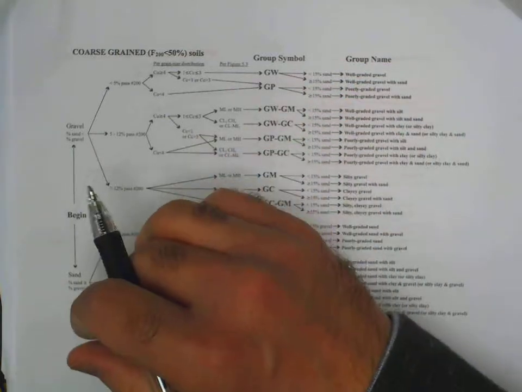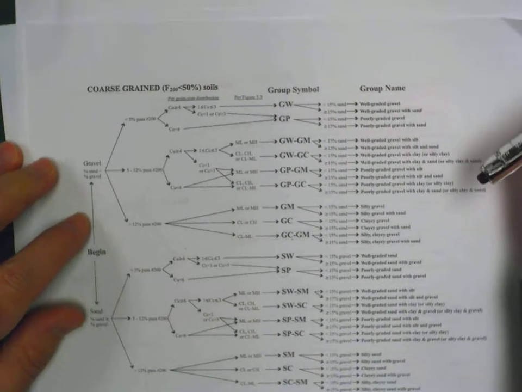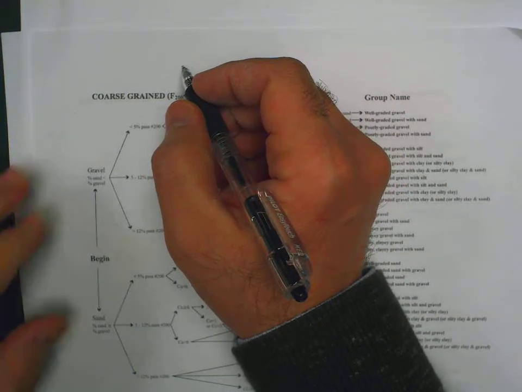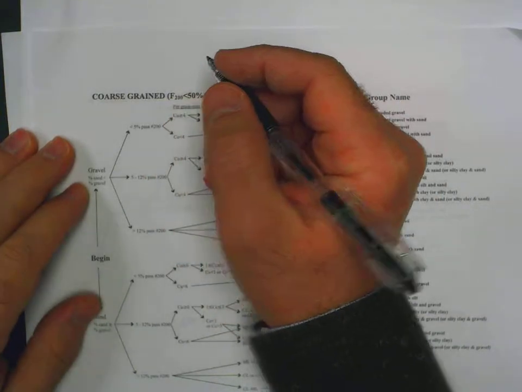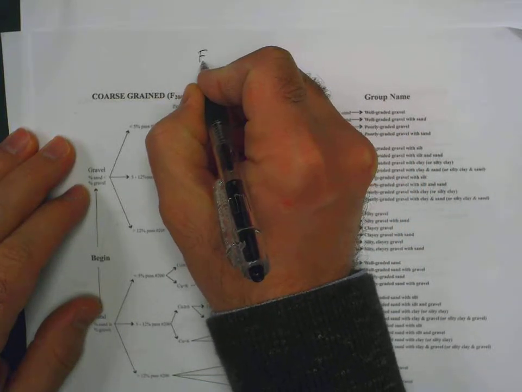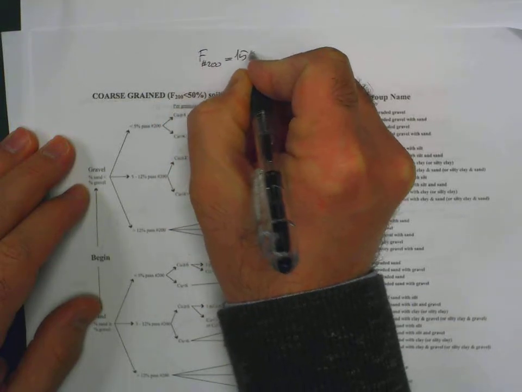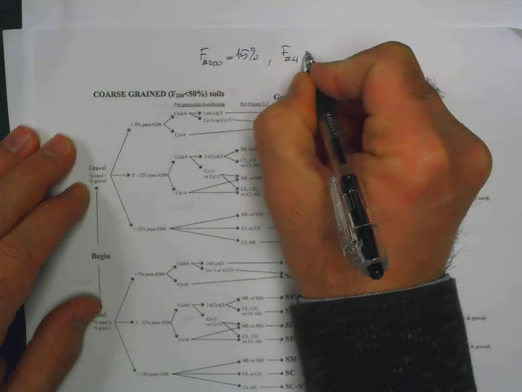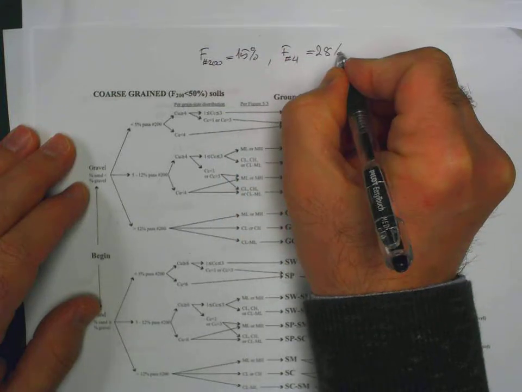So let's look at that particular example that I gave, the one on the board right there. So what do we have here? F number 200 was 15%. F number 4 in that example was 28%.